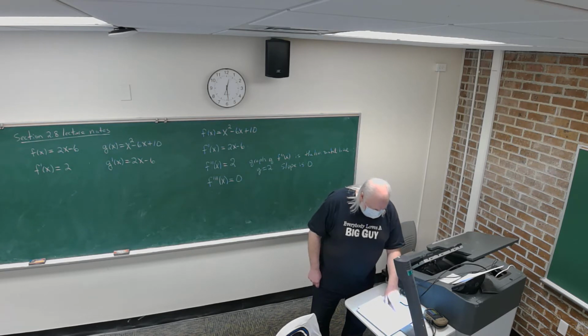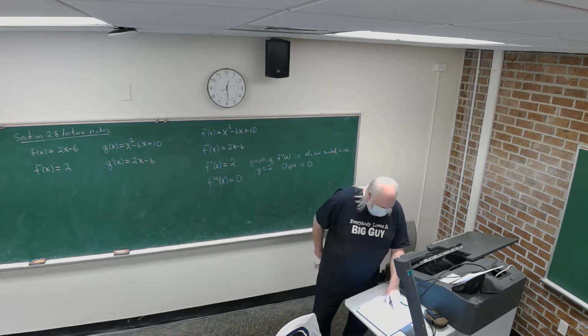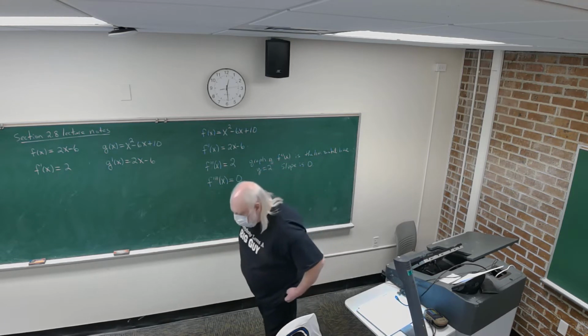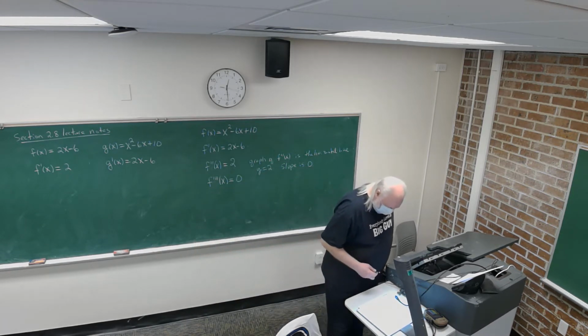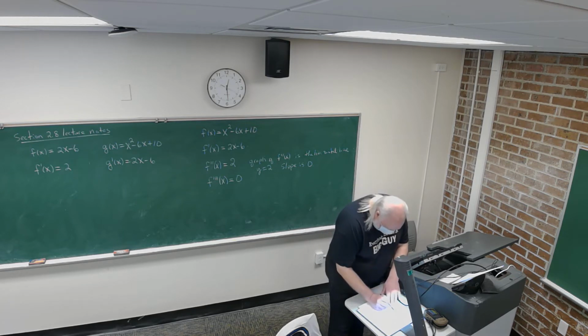So it looks like they're squaring the d, because we get d of d, and then it looks like we're squaring dx on the bottom. So what this is saying up here is the derivative of the first derivative equals the second derivative.